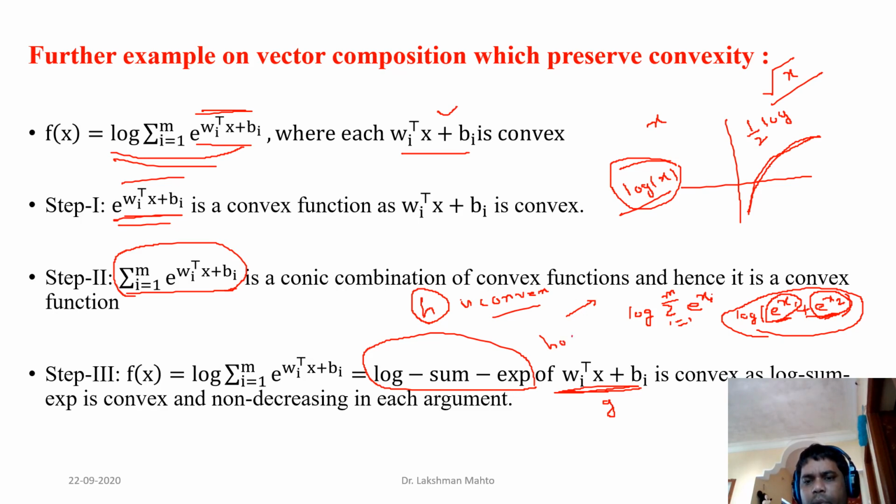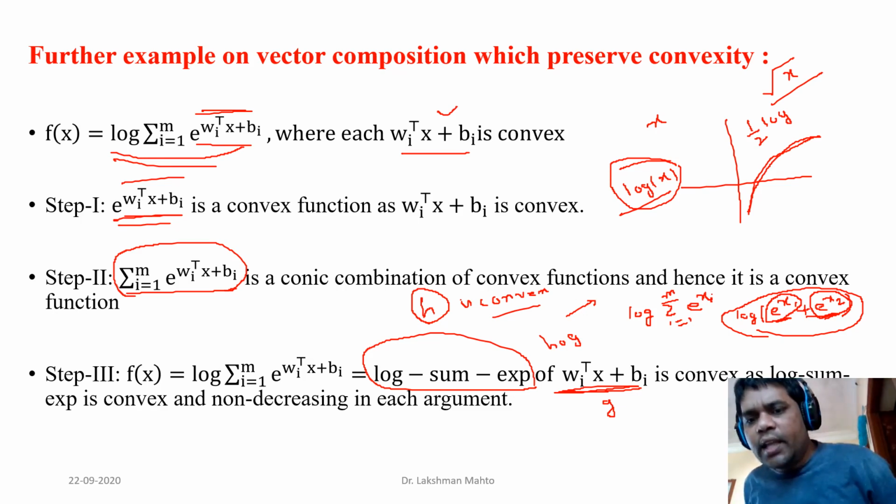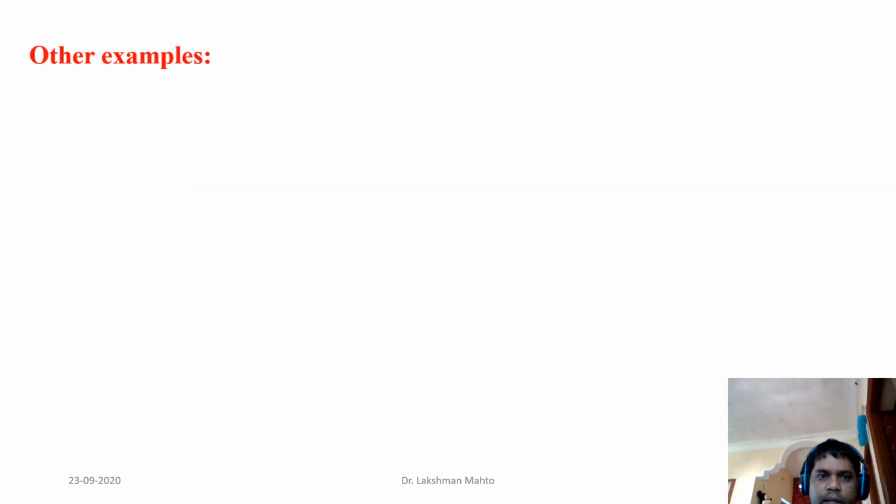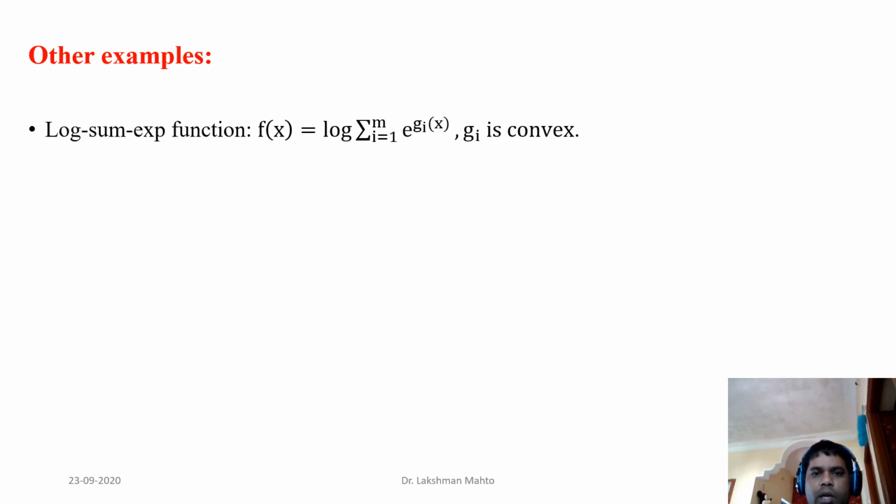So here it is a composition of h of g, where g happens to be a convex function and h is convex as well as non-decreasing. Okay, fine. So due to that you can claim that this function is a convex function.